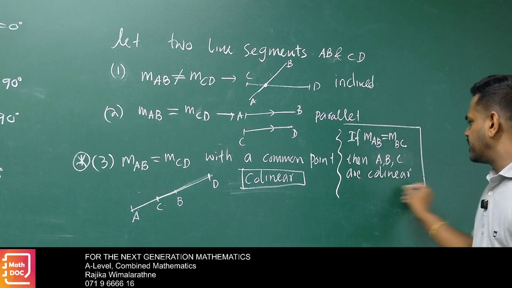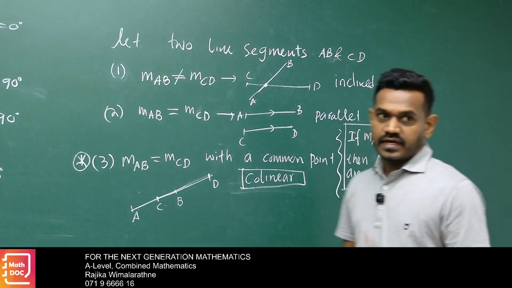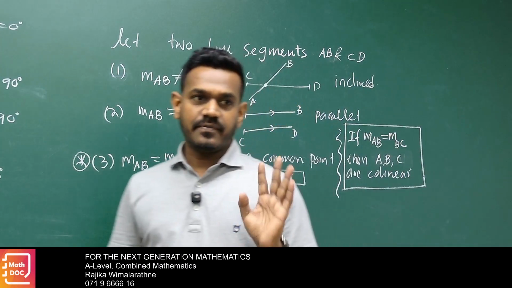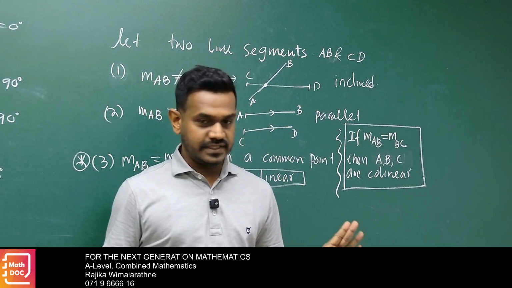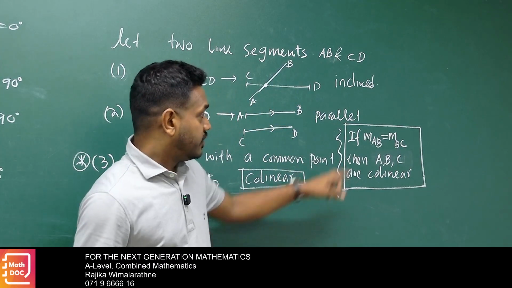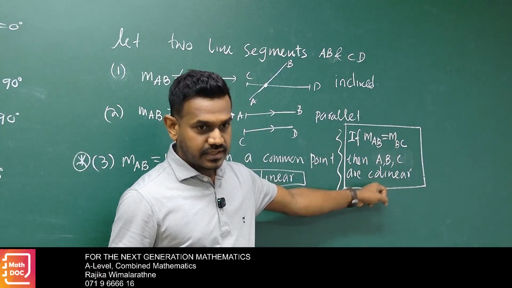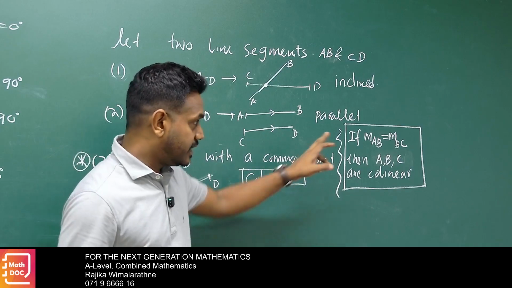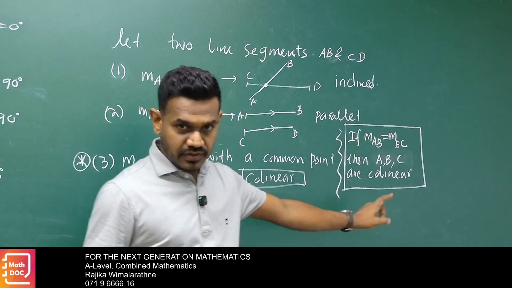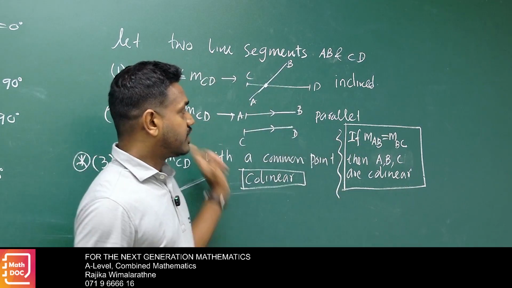This is a very important relation. If two gradients are the same, we say they are parallel. If two gradients are the same with a common point, we say they are collinear. Better to put that note as well.